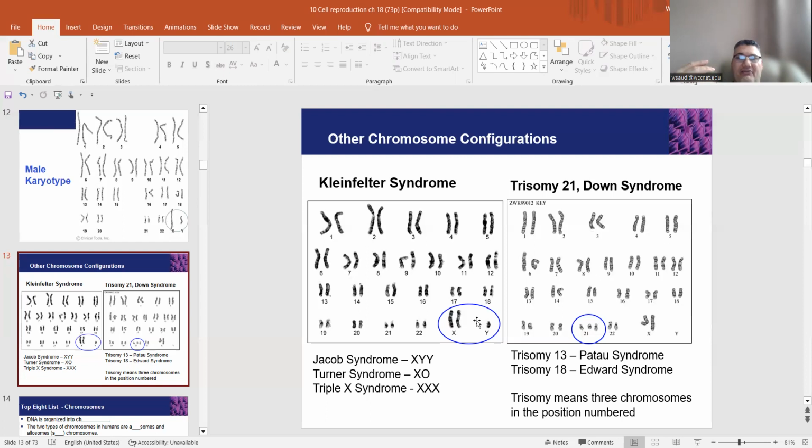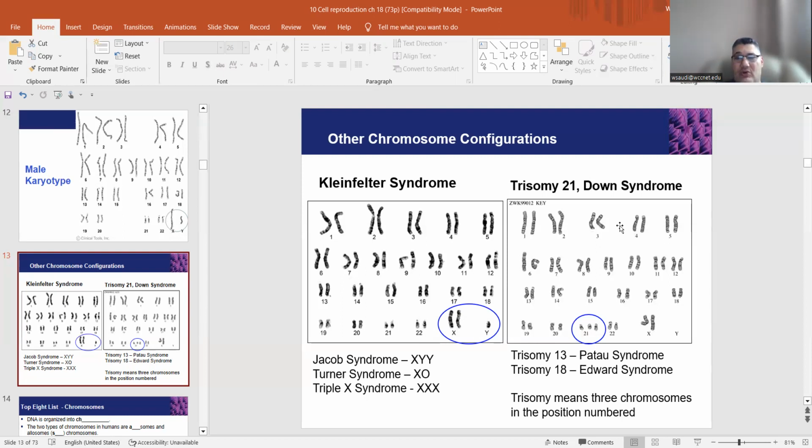It's like a feminized version of a male. You have XY, but you have an additional X, and we call that Klinefelter. This is an issue with number 23 specifically.